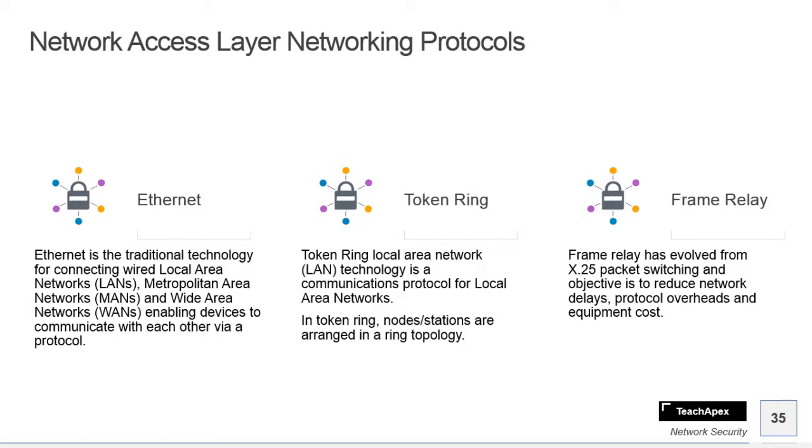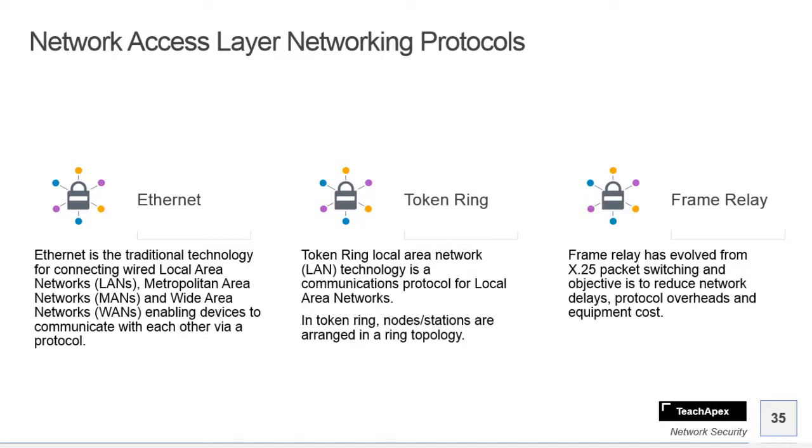Then we have token ring. Token ring is basically a LAN technology, a communication protocol for local area networks. It uses a special 3-byte frame called a token that travels around a logical ring of workstations or servers.